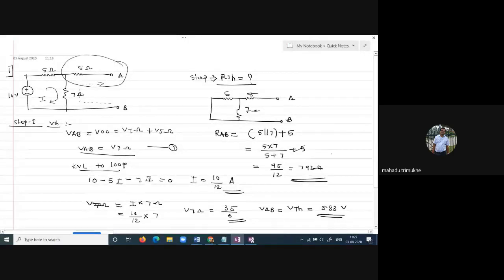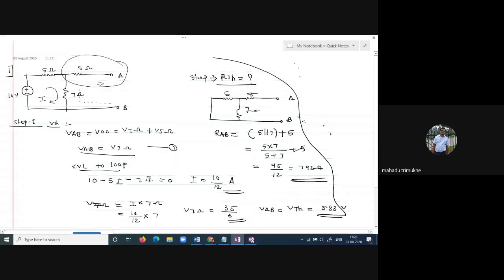Then what is our step number 3? Step number 3 is the Thevenin circuit: replace the network by its Thevenin equivalent. Whatever values you have obtained, VTH and RTH, we just replace by the Thevenin equivalent.